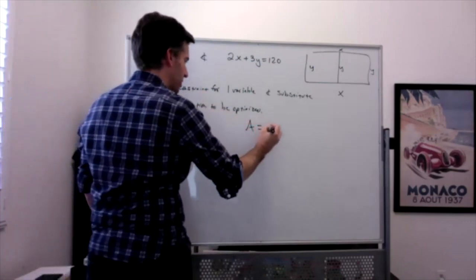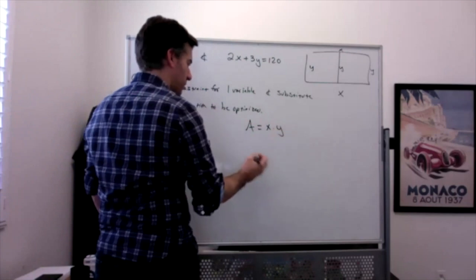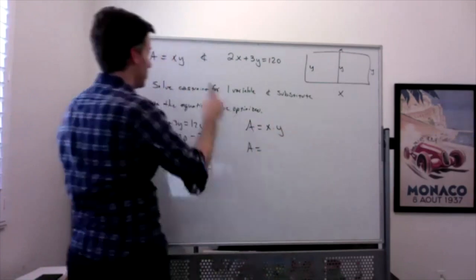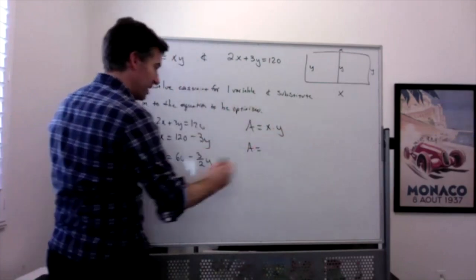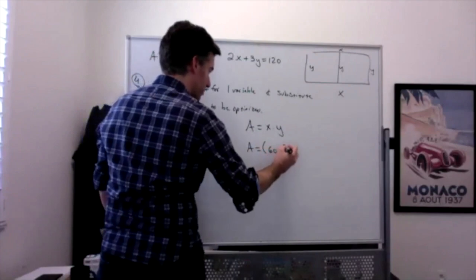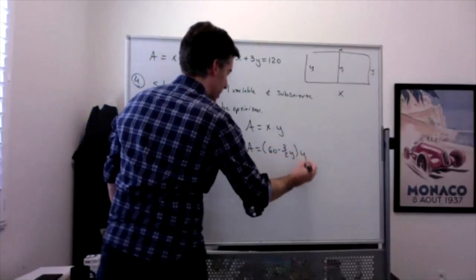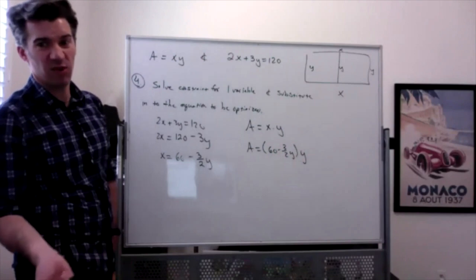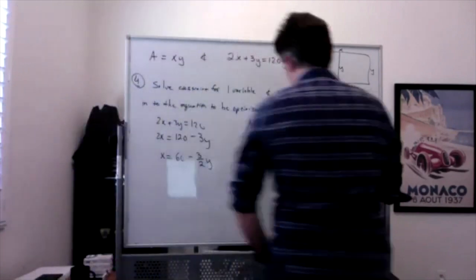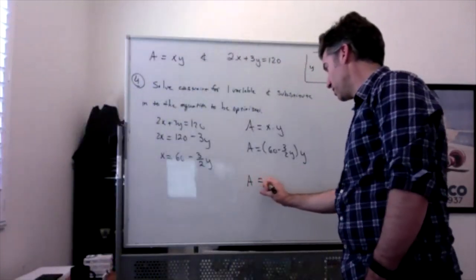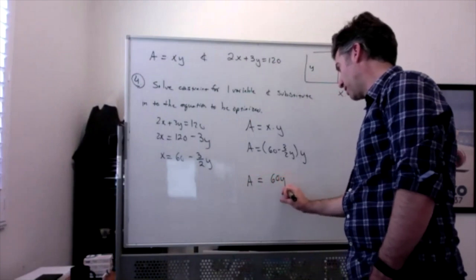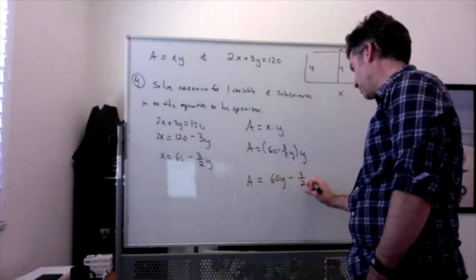So area equals x times y becomes area equal to x, which is this, times y. And then I'm going to multiply it out. So that area is equal to 60y minus 3 halves y squared.